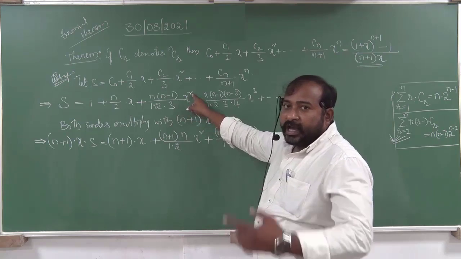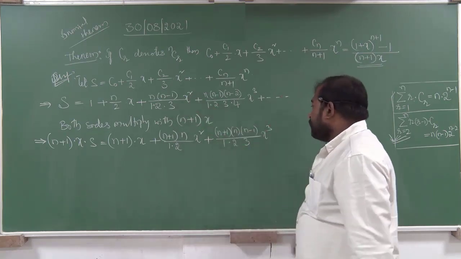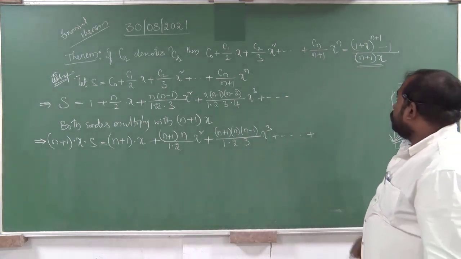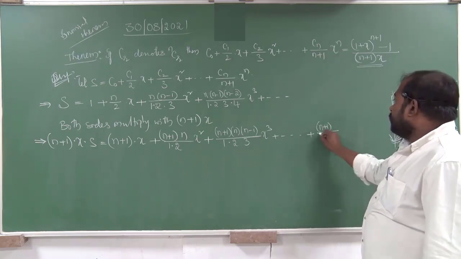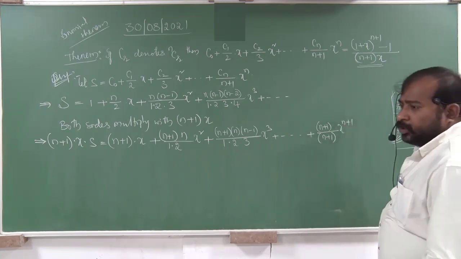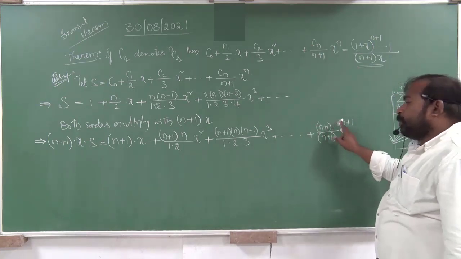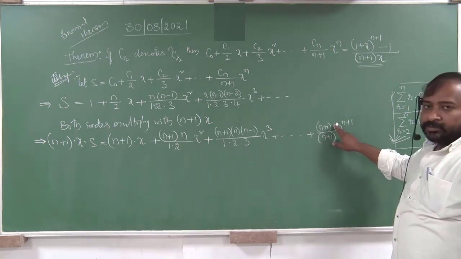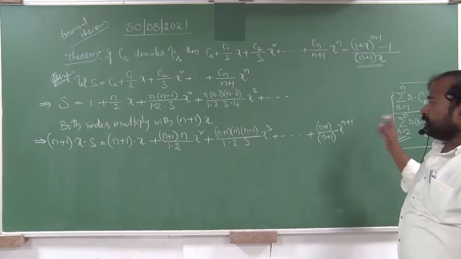Already x square is there, you are multiplying with one more x, so it will change to x cube. Plus the last value. What is the last value you will get? Here it is n plus 1 by n plus 1 into x power n plus 1. You will get this one only; nCn means 1 only, obviously. If you multiply n plus 1 into x, already denominator n plus 1 is there, so in the numerator also n plus 1 you are multiplying. x power n is there, and if you multiply one more x, it will change to this.